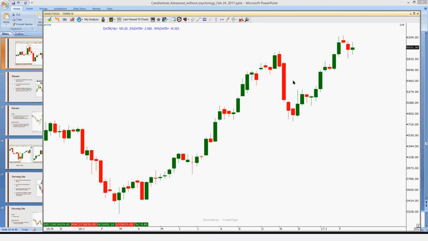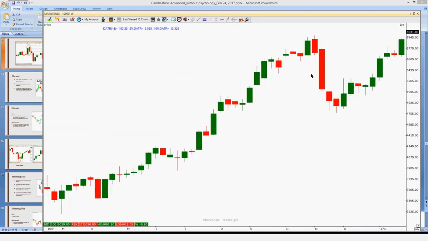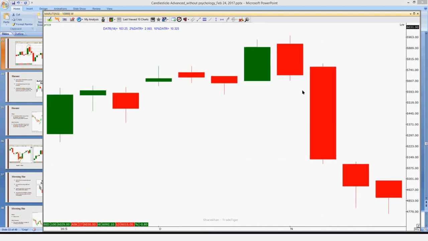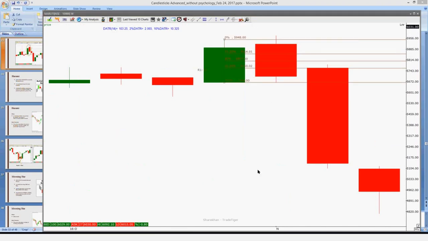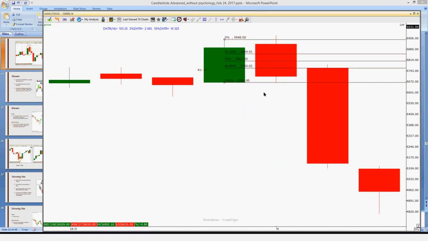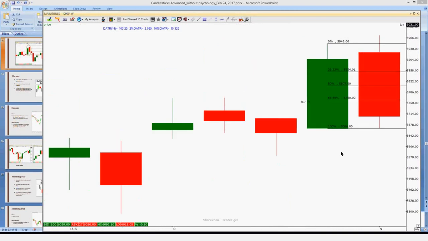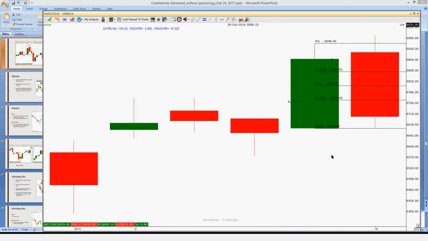So this is the dark cloud cover. Can you see this? It is closing below the 50% of the candle's range. Are you able to see it now? It is able to close below 5807.